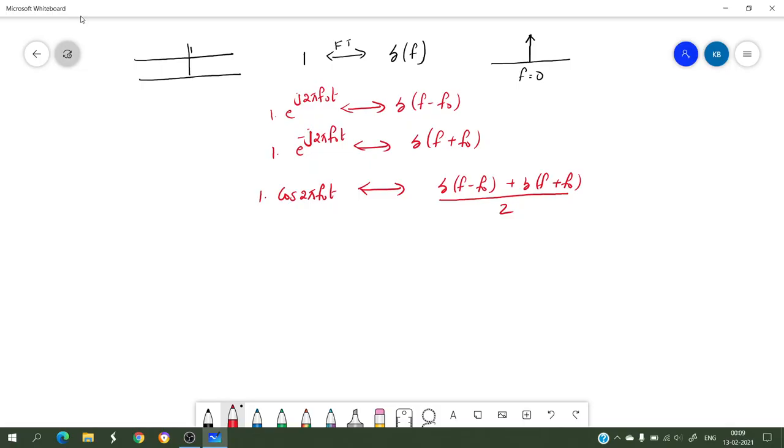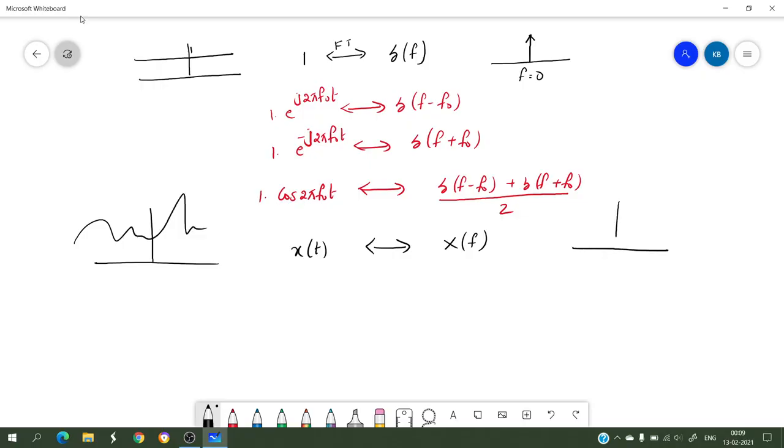Now, let us consider the same previous example, x of t. The Fourier transform for x of t is assumed as X of f. The signal is like this. The frequency domain representation is graphically represented like this, X of f.